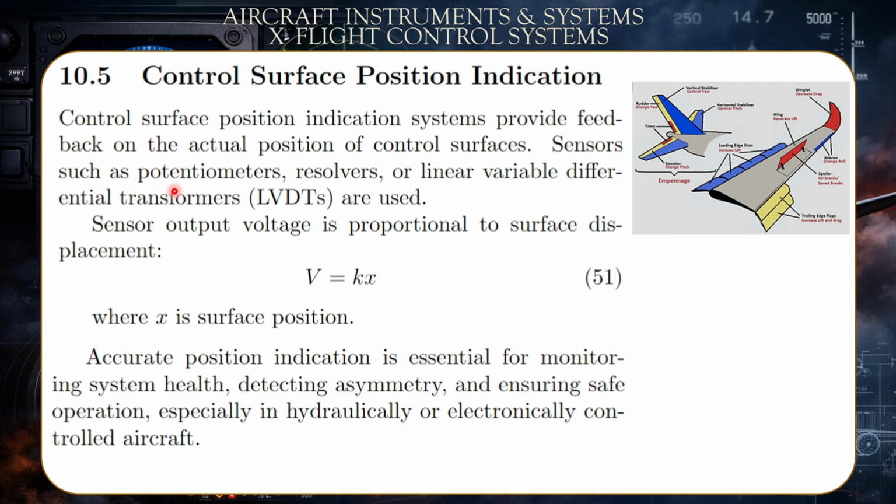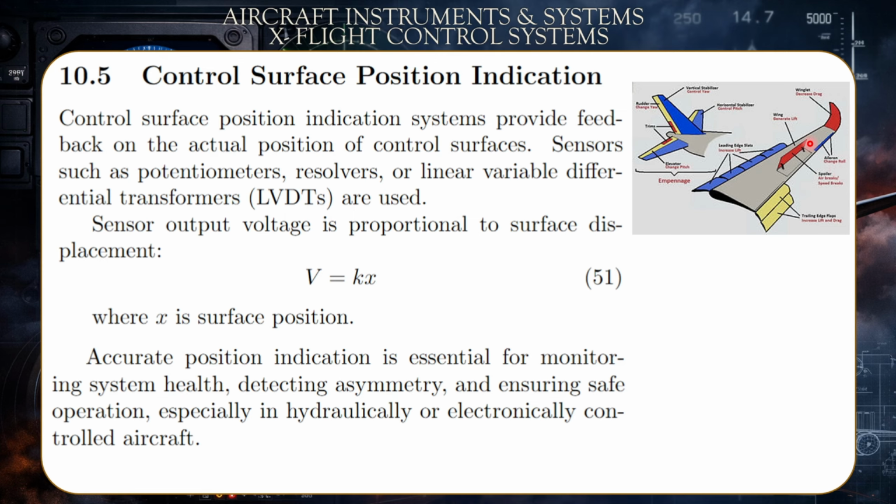Sensors such as potentiometers, resolvers, or linear variable differential transformers, LVDTs, are used. Sensor output voltage is proportional to surface displacement. So in other words, when the surface is displaced, it creates or alters a current.